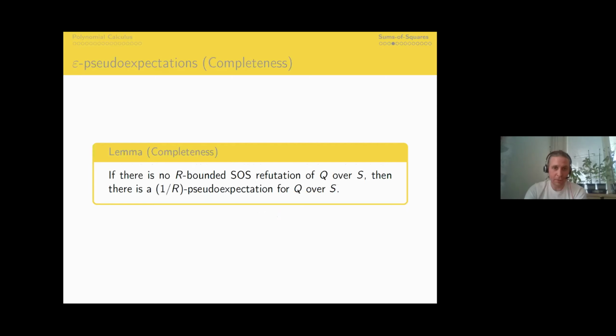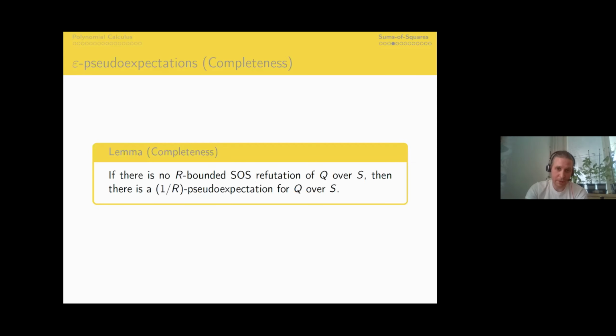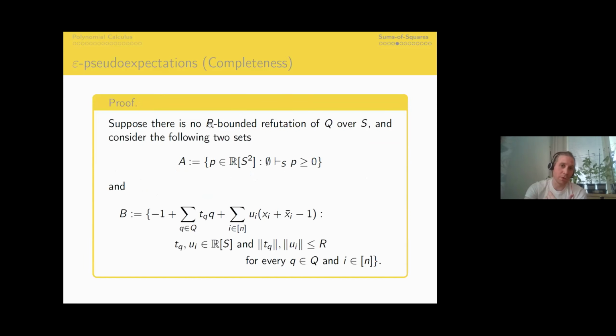And the completeness proof is an application of basically a hyperplane separation theorem. So assuming that you don't have an R-bounded refutation of Q over S, consider the two following sets. First, all the polynomials in R of S squared that are squares modulo multilinearization.